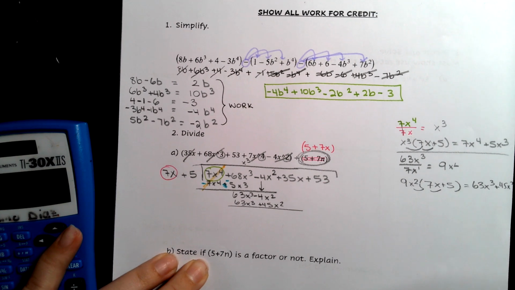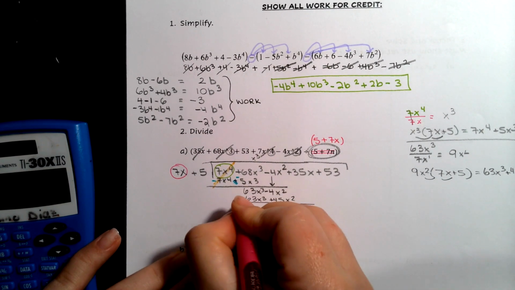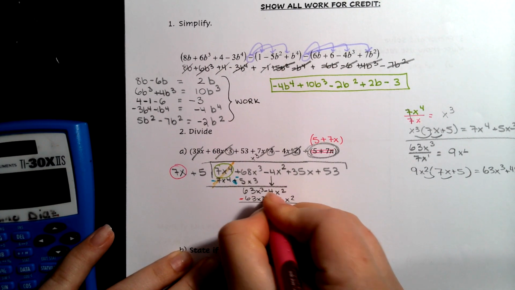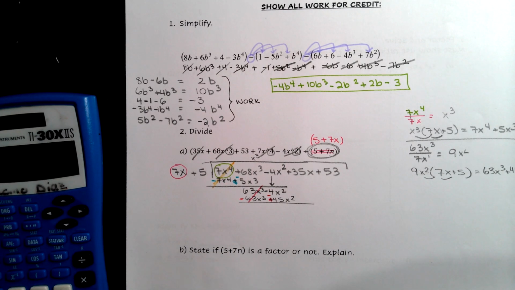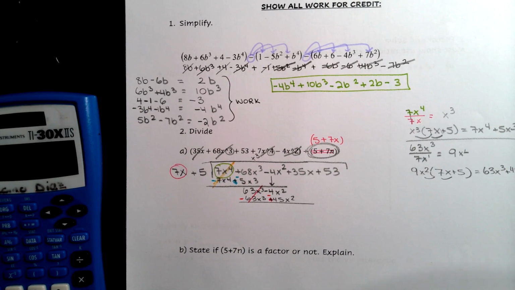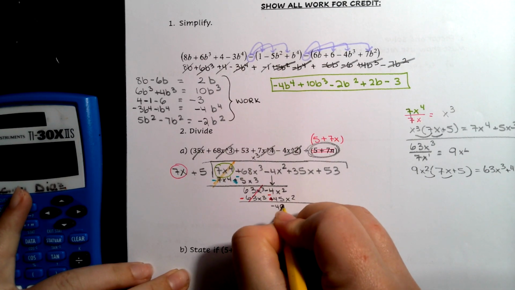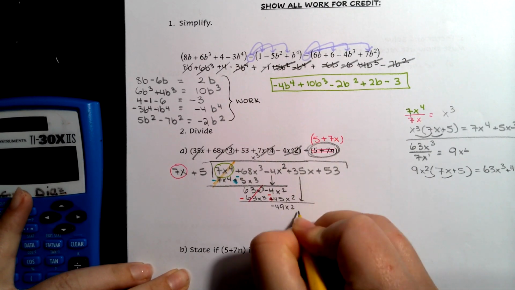Again, be extra with your sign changes. So here's a minus. Scribble that out. Here's a minus. These are going to be removed. And we get 49 negative. Bring down the next term.